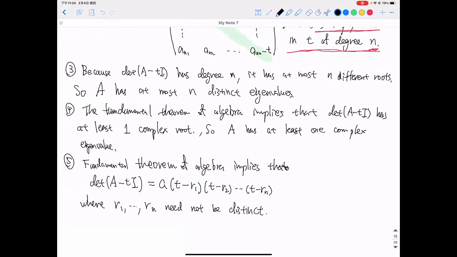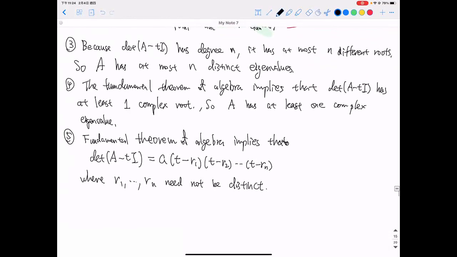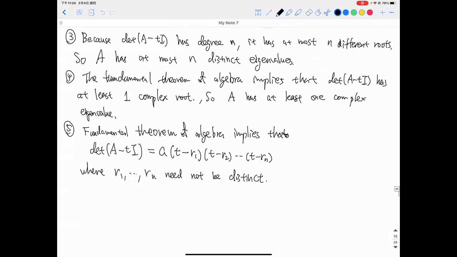One way of saying the fundamental theorem of algebra is that this polynomial always has n roots, allowing repetitions.